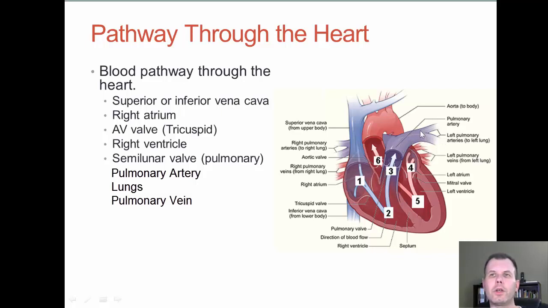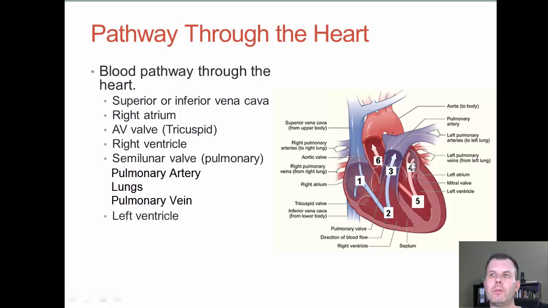The blood goes to the lungs, comes back from the lungs through the pulmonary veins, and you can see the pulmonary veins over here, down here and down here. These are now oxygenated, and these are the only two veins that you have that are oxygenated or look red, because they have oxygenated blood from the lungs, and they go to the left atrium and then the left ventricle.